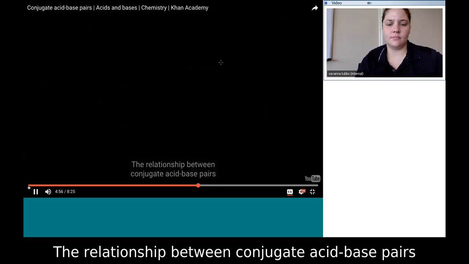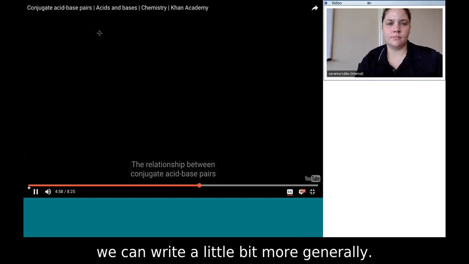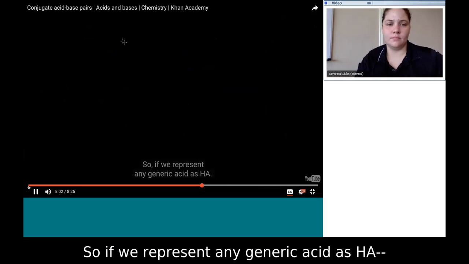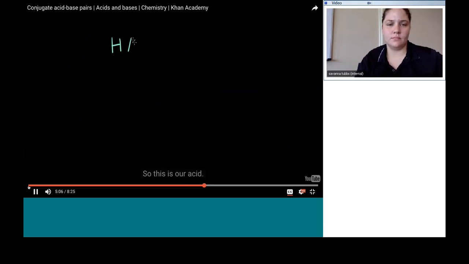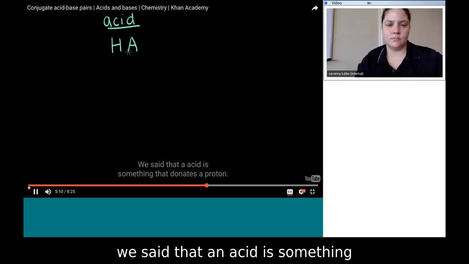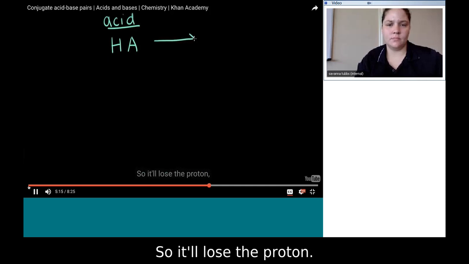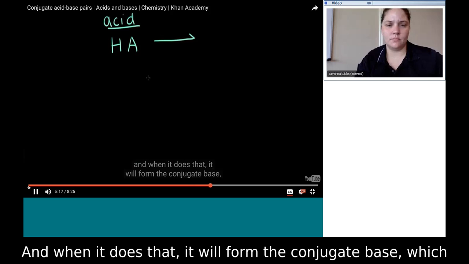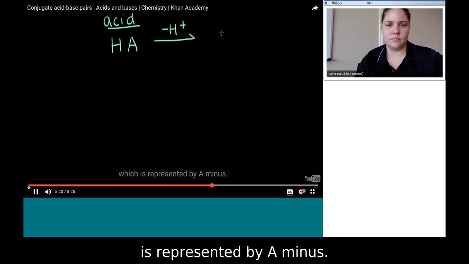The relationship between conjugate acid-base pairs we can write a little more generally. If we represent any generic acid as HA, we said that an acid is something that donates a proton. So it will lose the proton, and when it does that, it will form the conjugate base, which is represented by A minus.